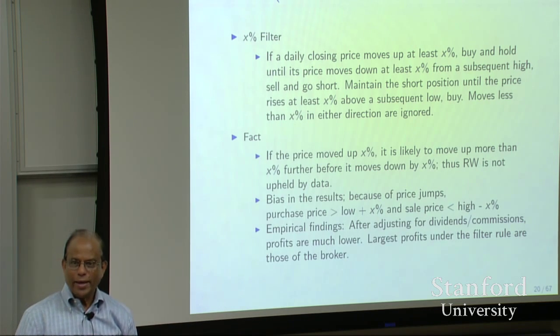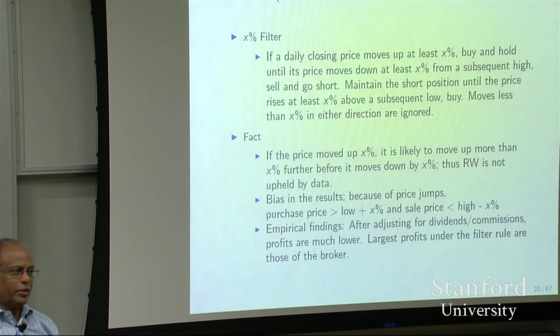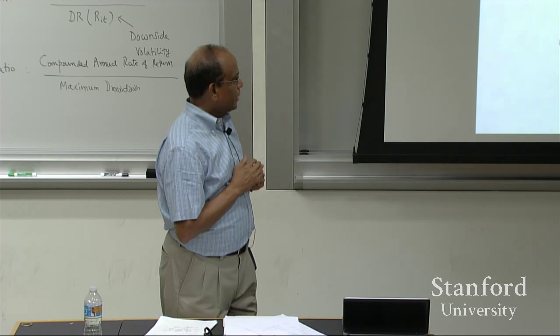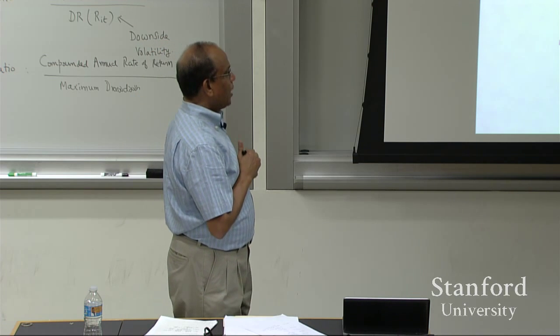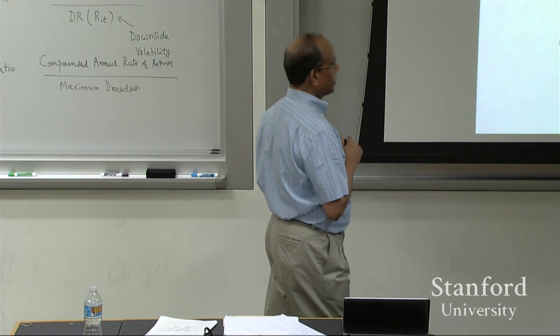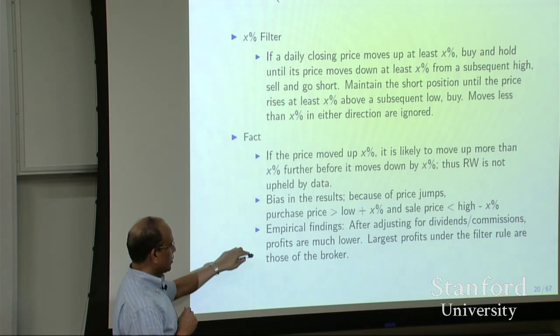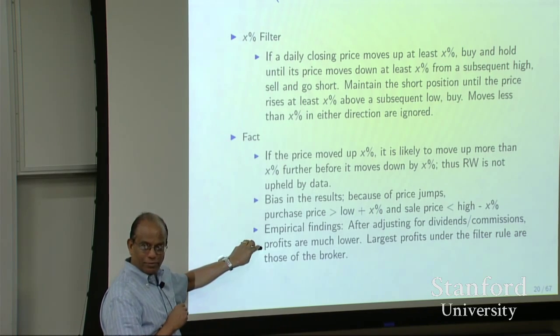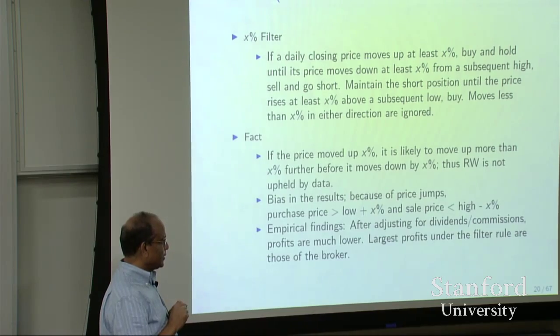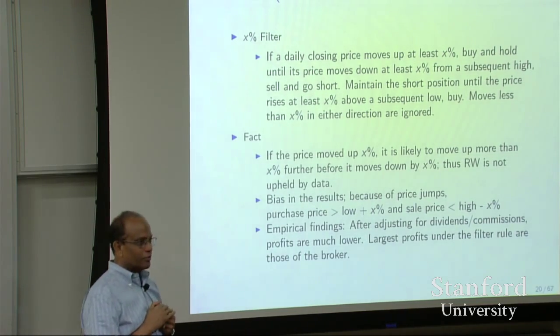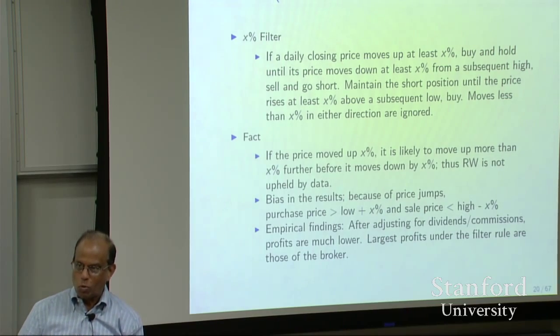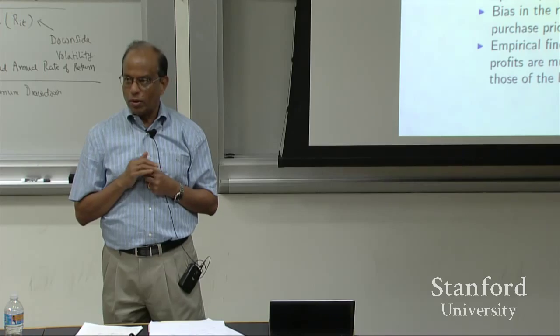The initial profitability of this rule was pretty high, but I think Fama and Blume have shown that after you adjust for dividends and commissions, profits are much lower. I think the last line is interesting because the largest profits under the filter rule are those of the broker. What do you mean by after adjusting for dividends?